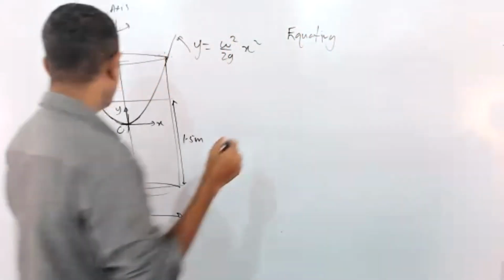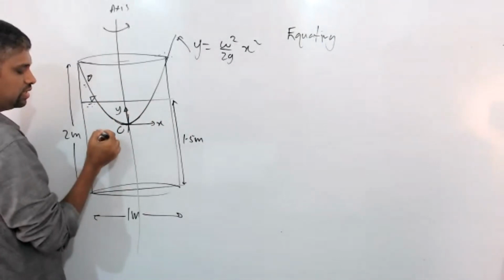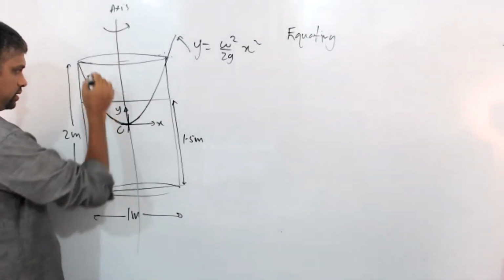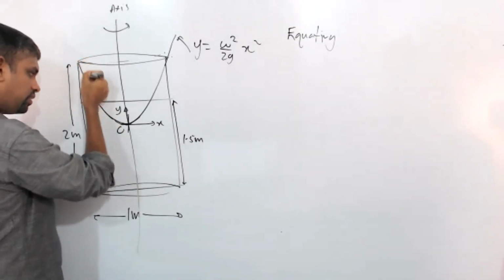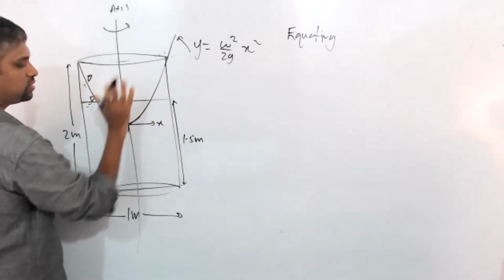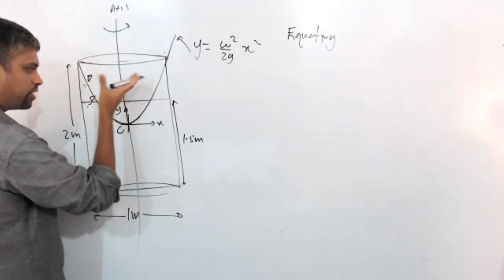The original liquid volume is a cylinder, right? The new liquid volume is a cylinder minus this paraboloid. This is called the paraboloid volume.